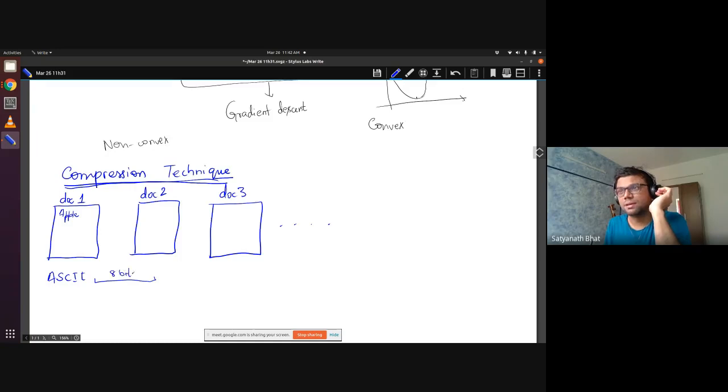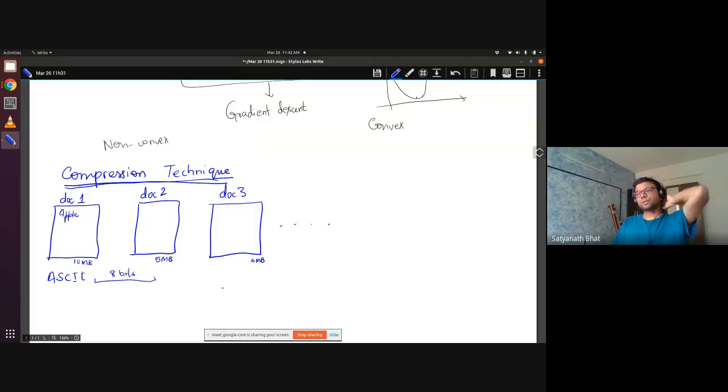Unicode may be longer, but let's say all of them are ASCII, with 8 bits. So the total length of a document is the number of letters times the bits each letter takes. You will have something like 10 MB, 5 MB, and 6 MB, and so on.